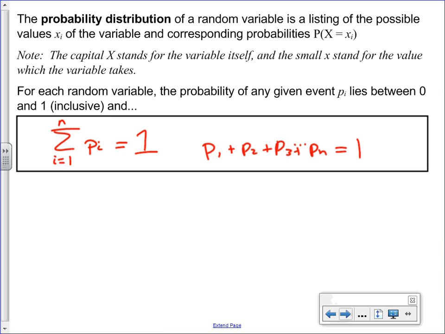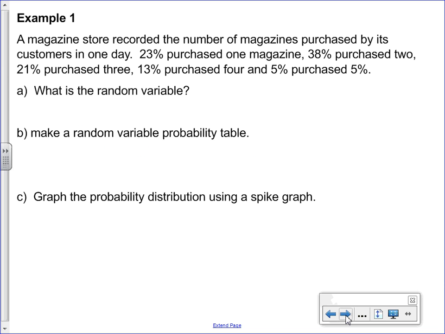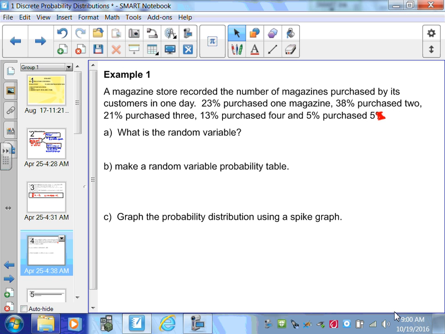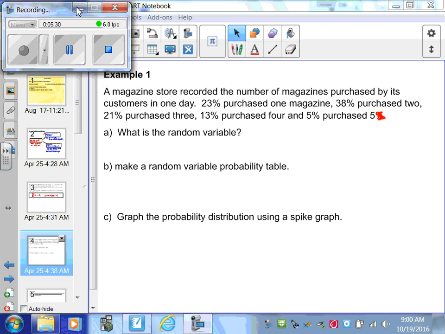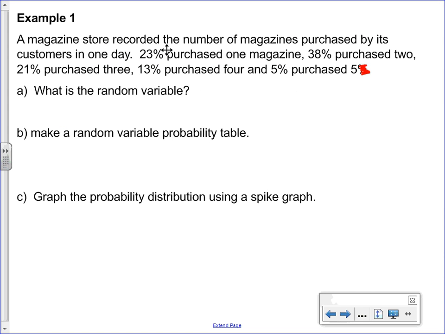Okay? Remember, nothing too hard yet. It's just terminology. So once upon a time, a magazine store recorded the numbers of magazines purchased by its customers in one day. 23% of the customers purchased just one magazine, 38% purchased two, 21% purchased three, 13% purchased four, and 5% purchased five.